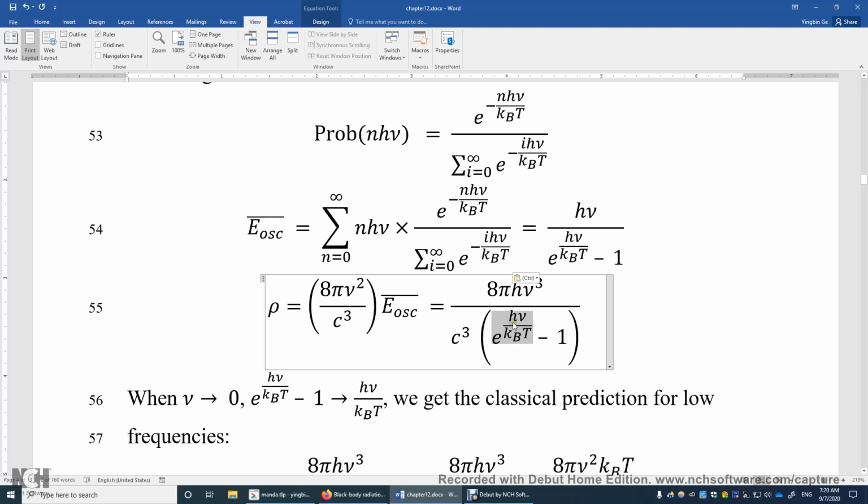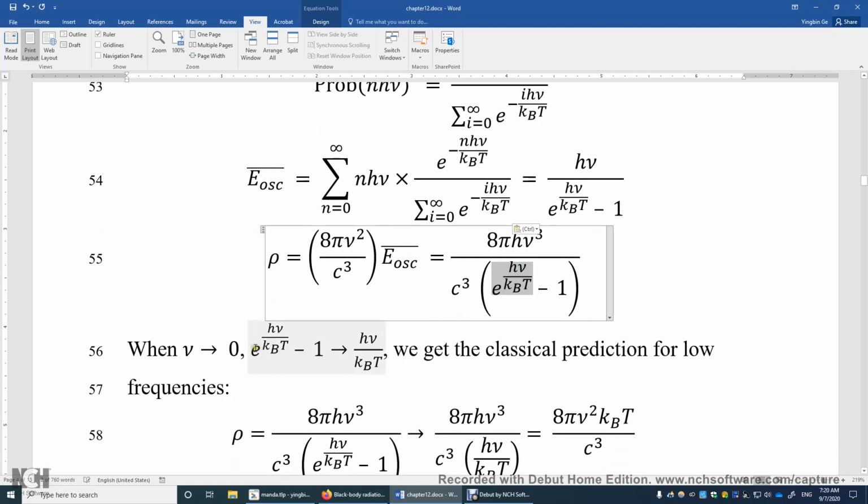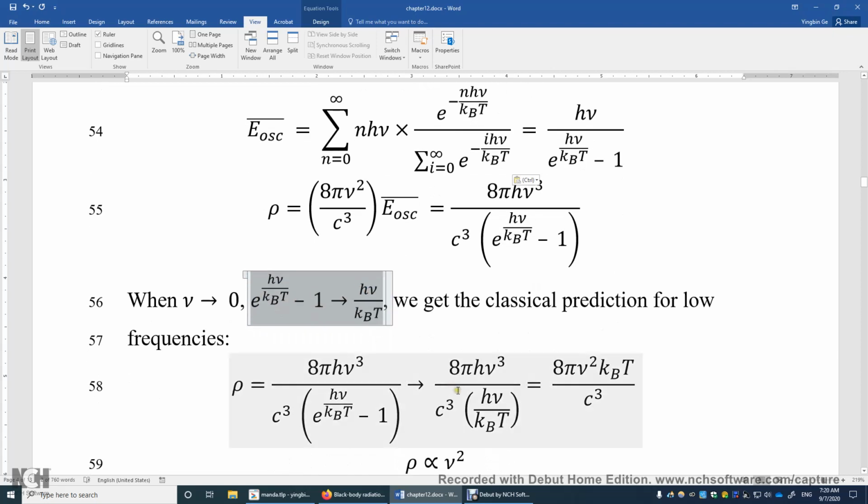So my point is, if h nu over kBT is roughly 0.01, then the value of this exponential function is going to be 1.01, approximately. In general, e to the power of x is just 1 plus x, approximately. That's why we can use this approximation. When we use this approximation, we simplify the equation, and now you can see we have nu to the power of 3 on top, nu on the bottom. So we have nu squared here. Rho is proportional to nu squared. We just proved that classical physics is correct as long as the frequency is small.